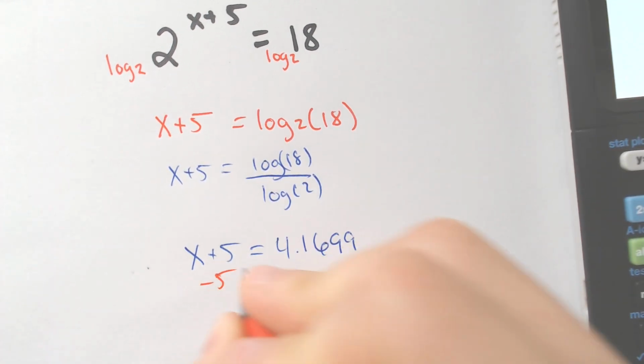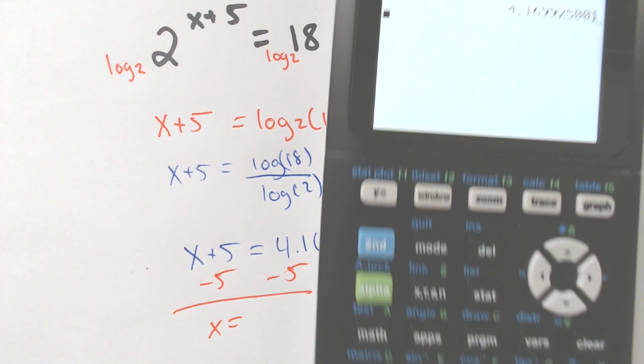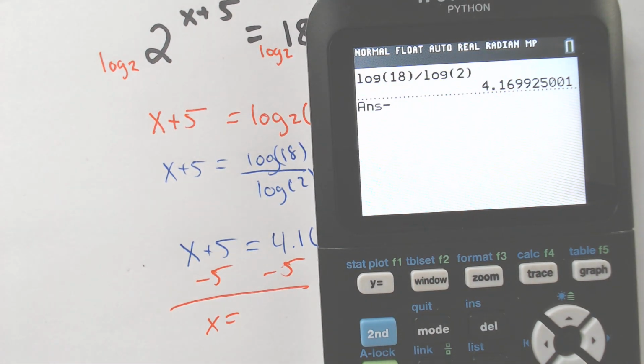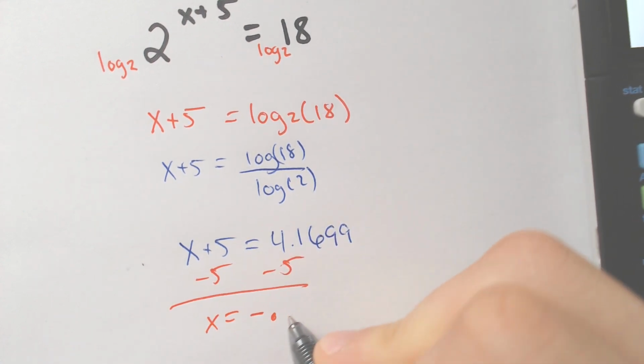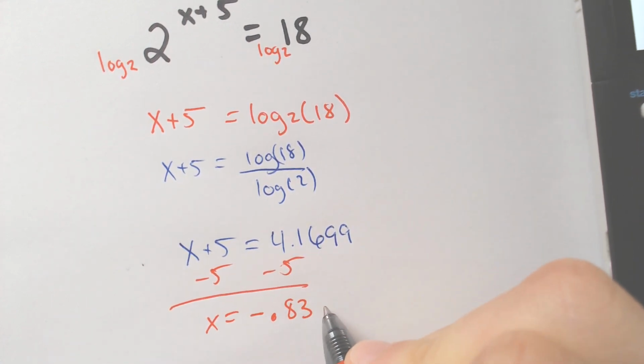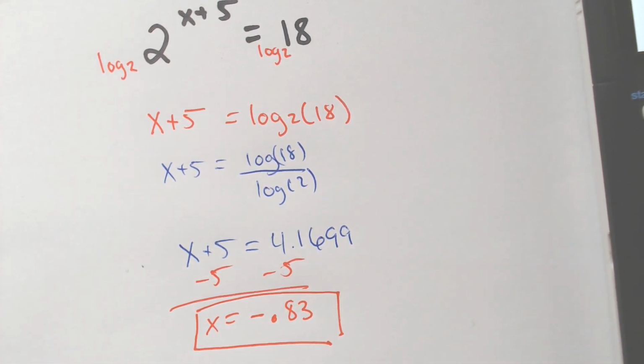So when I subtract 5 on paper, I am going to subtract 5 in my calculator by literally hitting minus 5, and it stores it, and it does the answer for me. So it says answer minus 5, negative 0.83. You want to keep your answer stored in your calculator as much as possible to make your life easier. Negative 0.83, and we have our final answer.